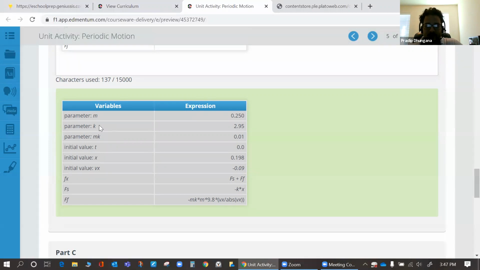Mk is coefficient of kinetic friction 0.01. Initial value of time is 0. Initial value of position is 0.198. And then initial value of horizontal velocity is negative 0.09. And then we do have an expression for force along x direction, force due to spring, force due to kinetic friction. This is all about part B.